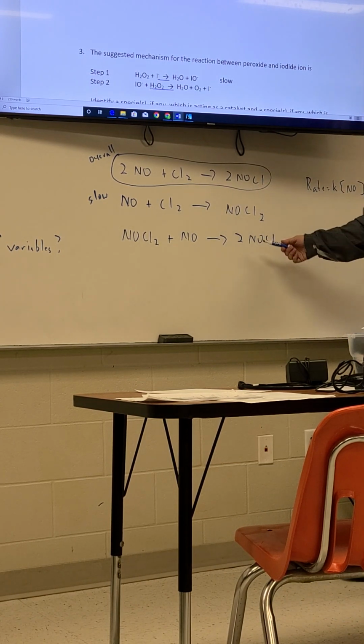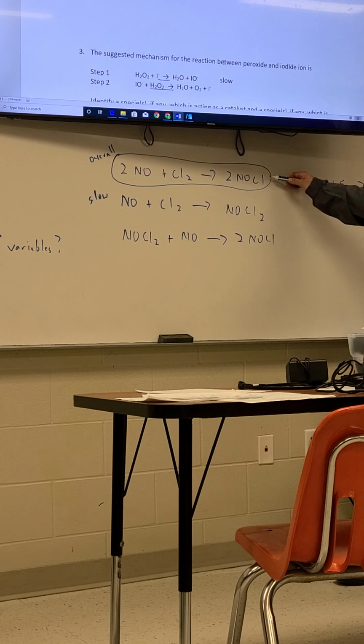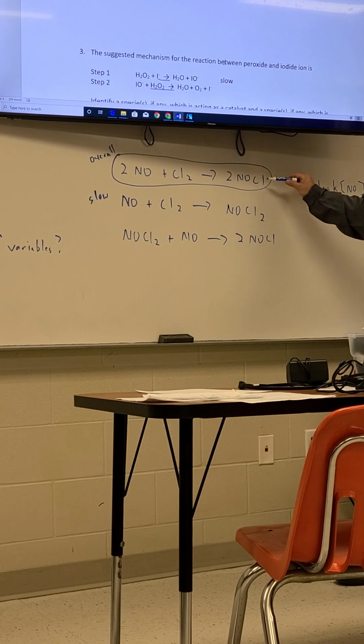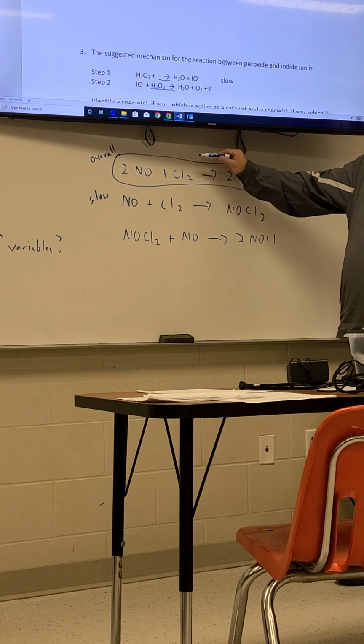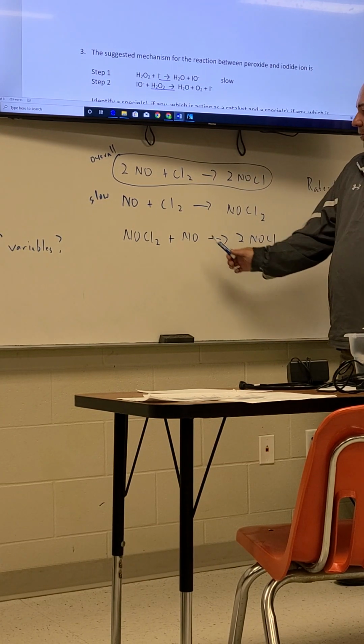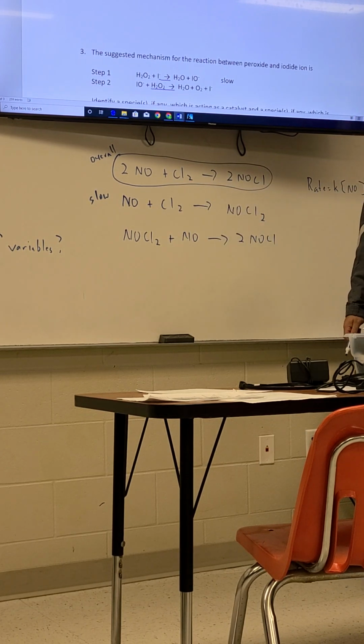And I know on the second mechanistic equation that this has to be my product, because I haven't used this yet. And I need that, so I'm going to take this, put it together with one of those. I'm going to make two of those.